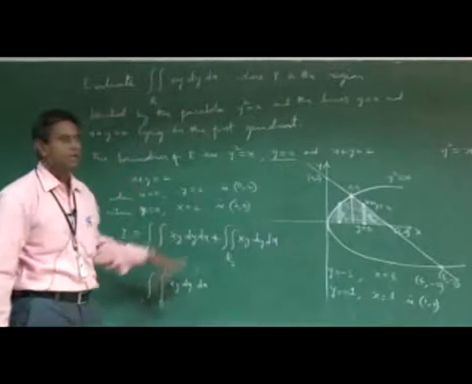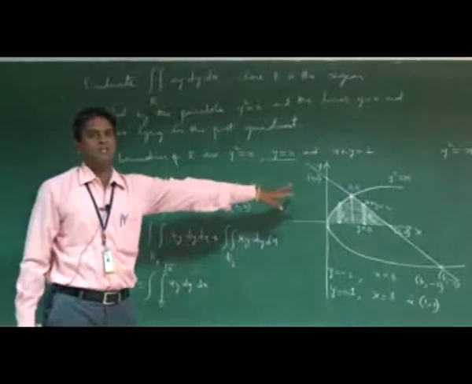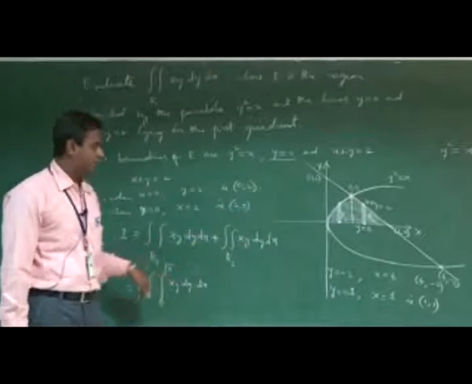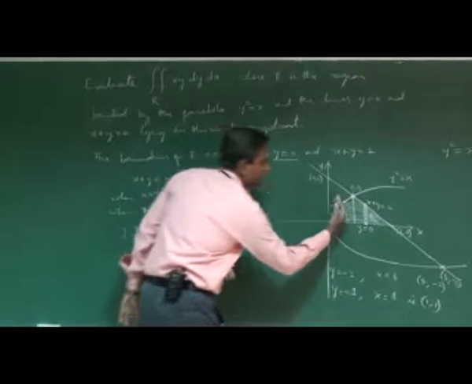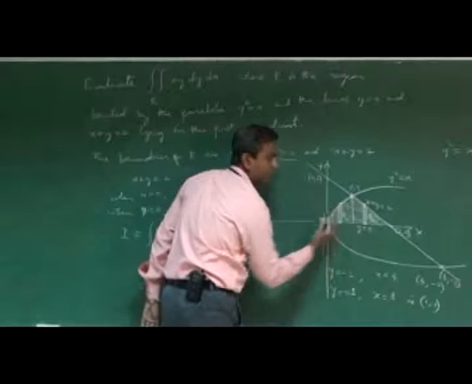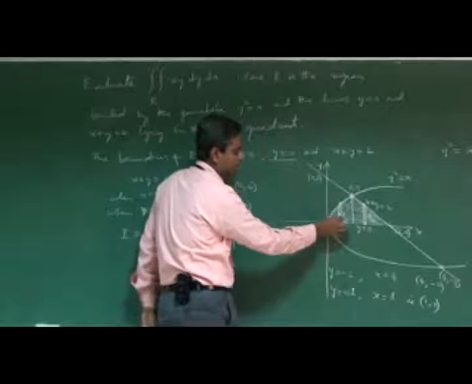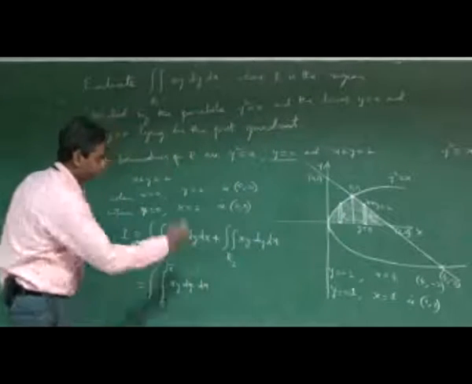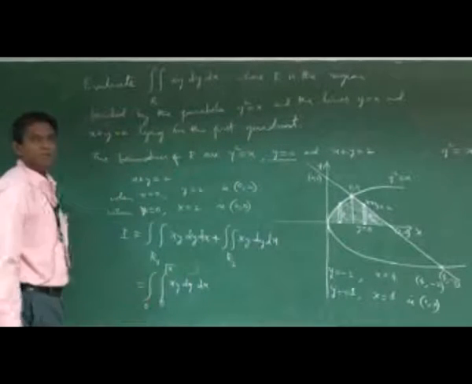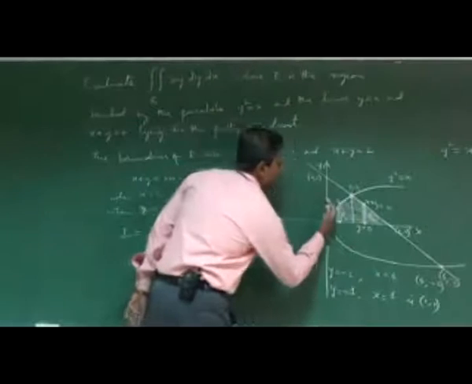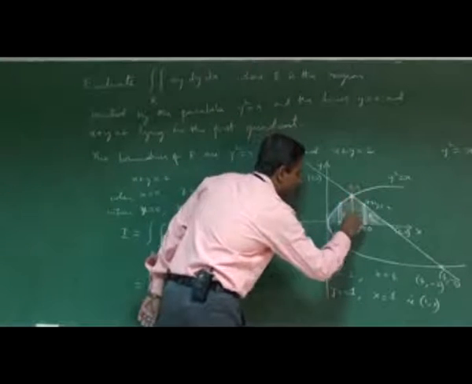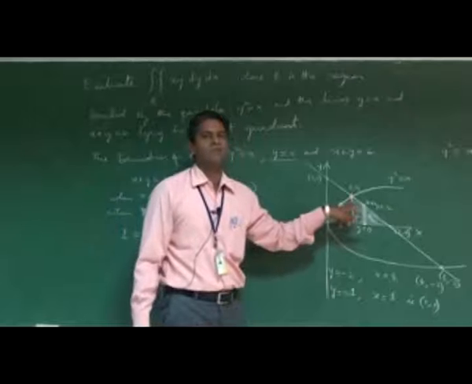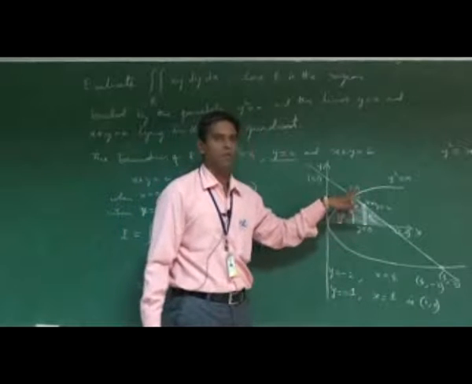Actually plus or minus is there, but the region is in the first quadrant, so we consider the positive, square root of x. Then we sweep the strip from left to right. What is the limit for x? That is 0, and moving in the upward direction, it meets the partition line, and at the line our x value is 1.